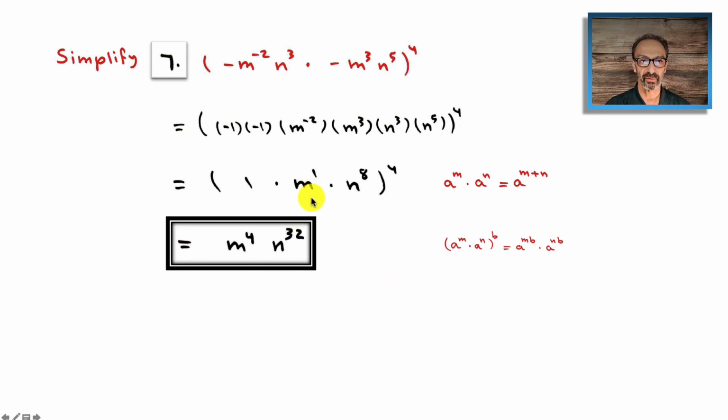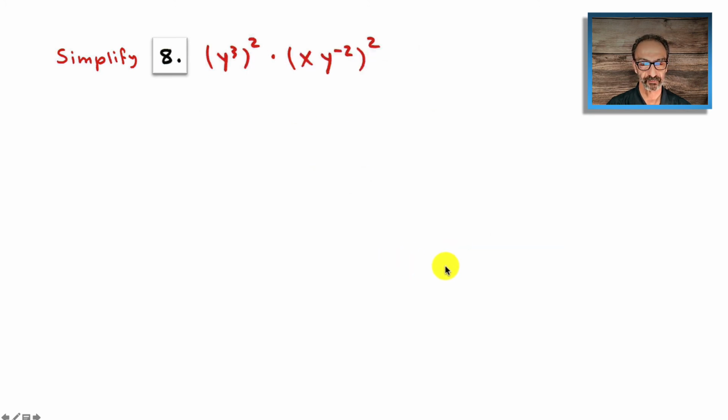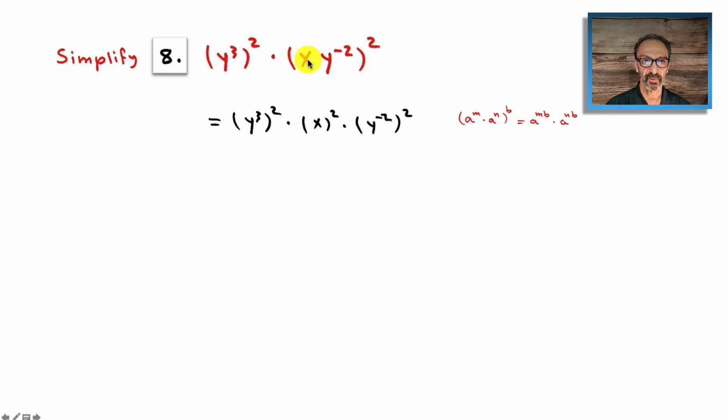And if you need more about why I'm doing things like that, I am stating the rules right next to each step. Number 8. Let's break this down to two factors. 2 as an exponent on top of x to the first, and 2 as an exponent on top of y to the power negative 2.